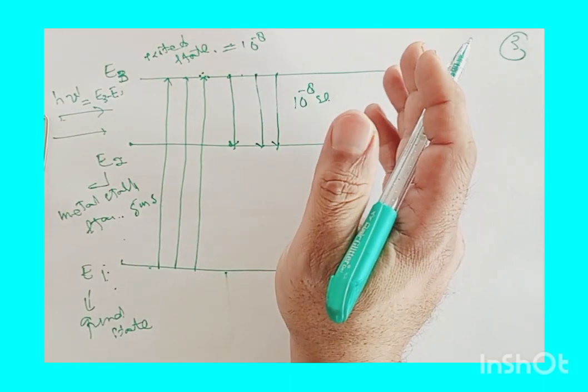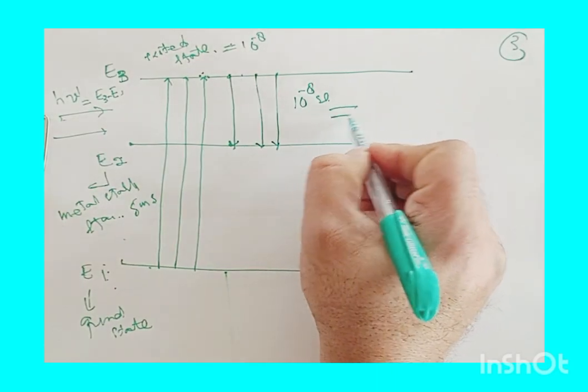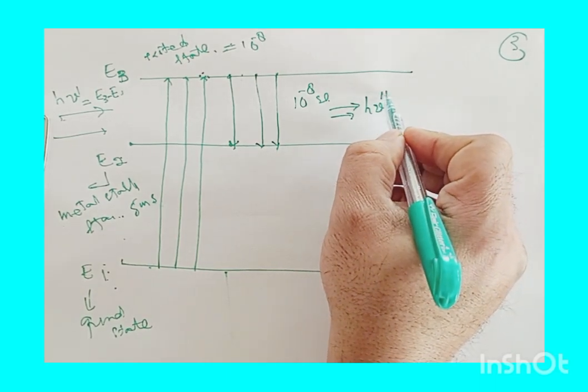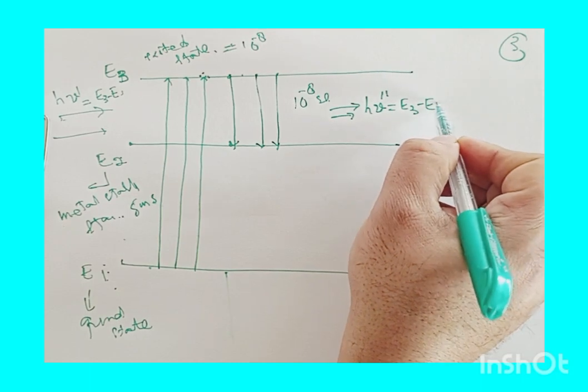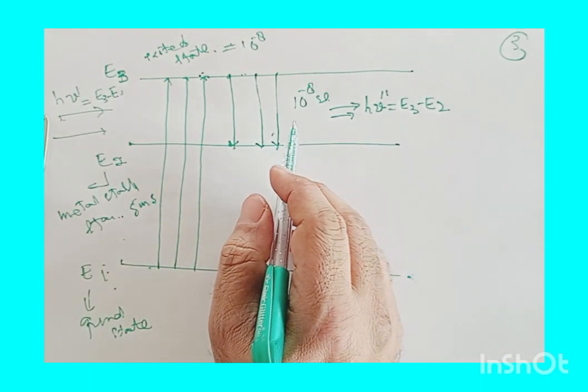And each photon emitted has an energy. Here we will have photons with energy h nu double dash, and that will be simply E3 minus E4. Sorry, E3 minus E2. It's coming from this to this.